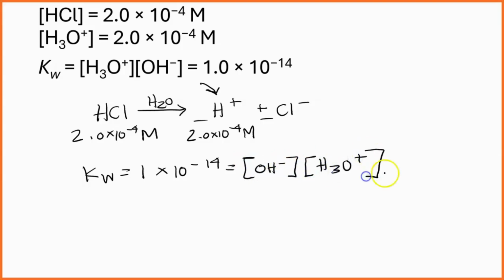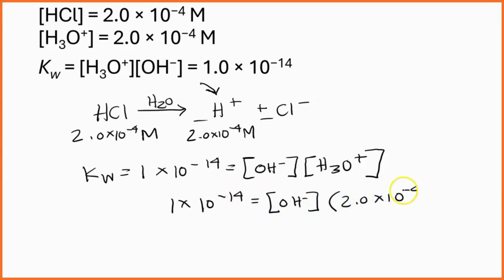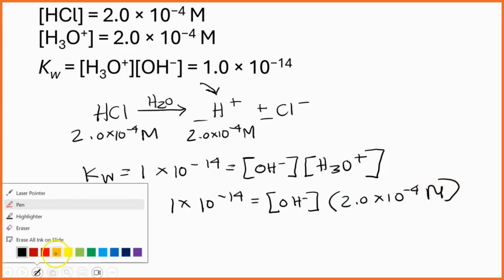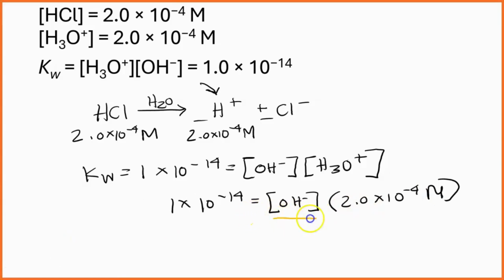This time, just a little bit different than the last one, I actually know the hydronium, but I don't know hydroxide. But we're going to solve that in the exact same way. I'm going to plug in the one that I know, and then just divide both sides by the one that we know. So I'm going to divide both sides by 2 times 10 to the negative 4th.